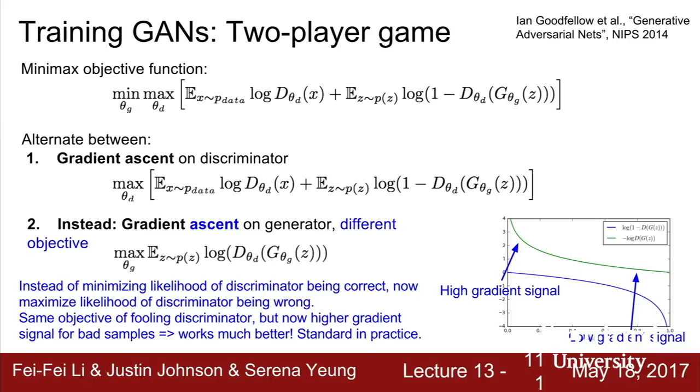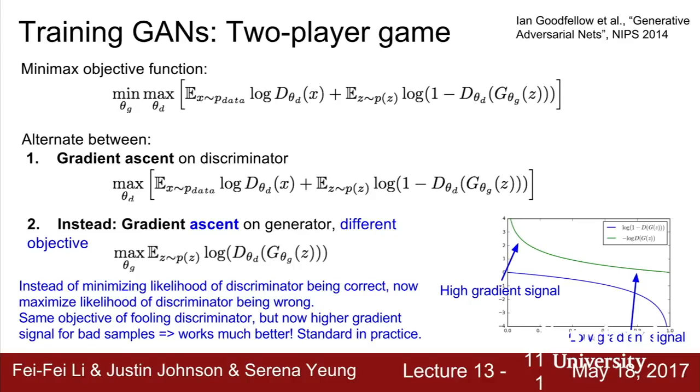And so this will produce this objective of maximizing log of D of G of x, right? But basically we now want to maximize this flipped objective instead.